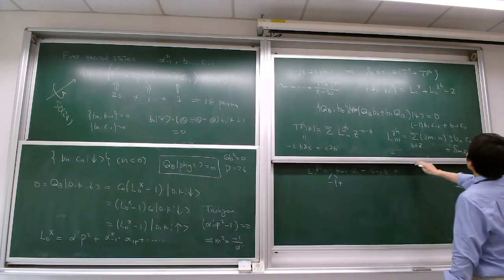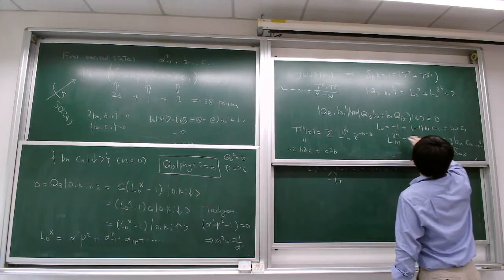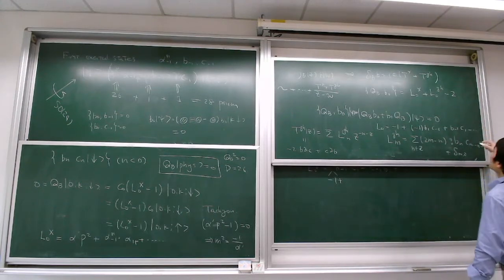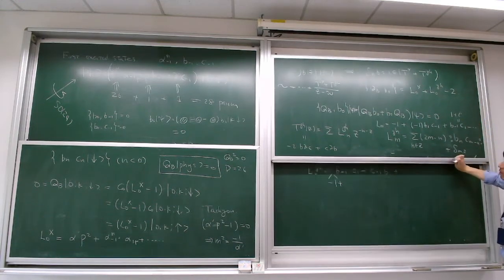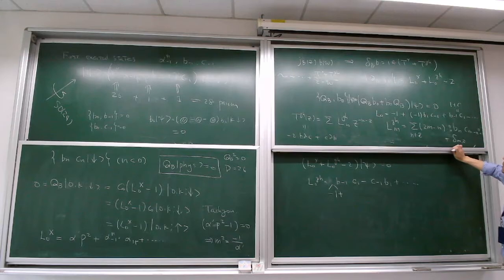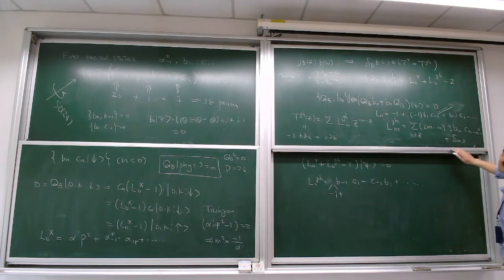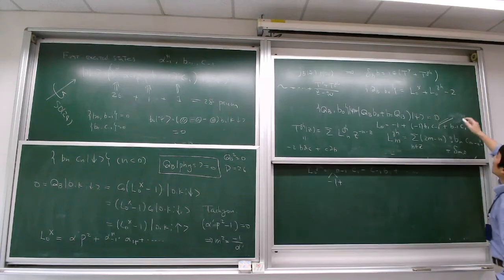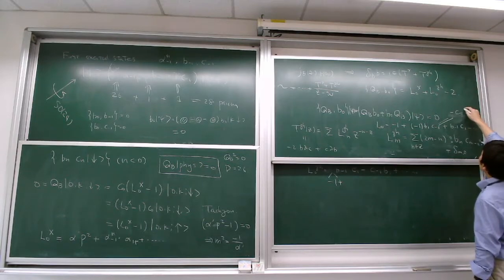L0 is equal to minus 1 plus this one plus dot dot dot. And this one should be equal to minus c minus 1 times b1 plus 1.